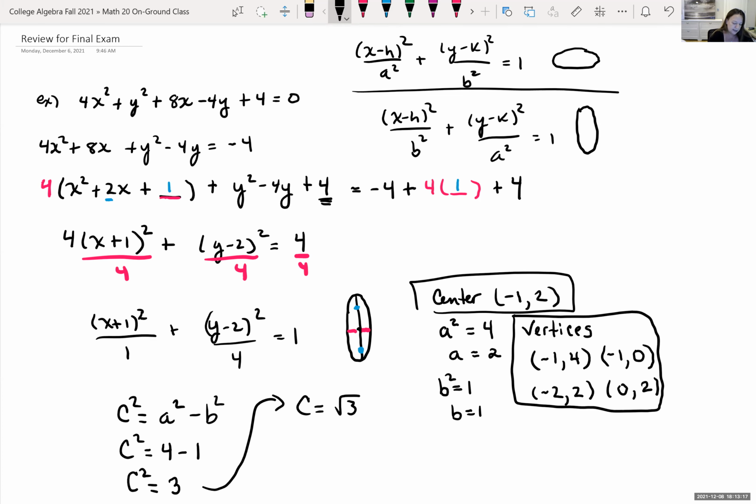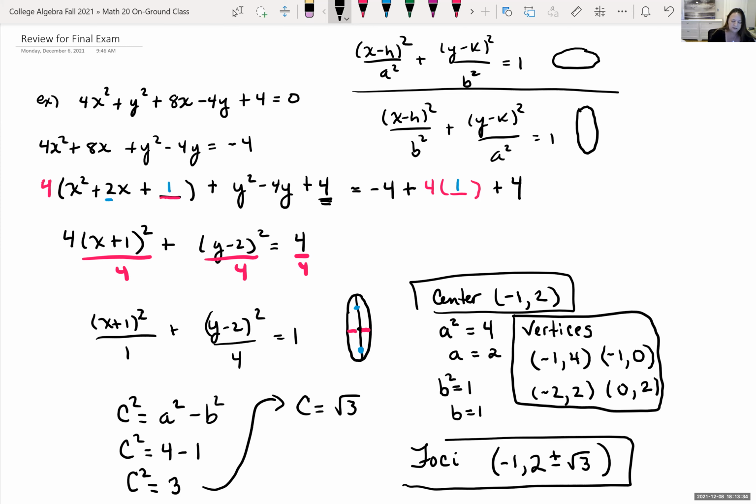X is going to stay the same, -1, and adding and subtracting root 3 from 2. I'm just going to write it because it's an irrational number. I'm going to keep it in this form. So -1, comma 2 plus or minus root 3.